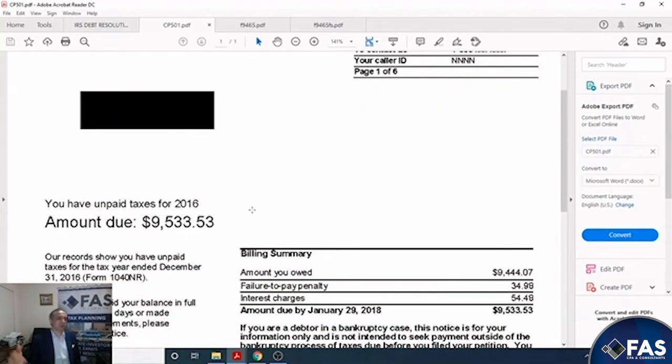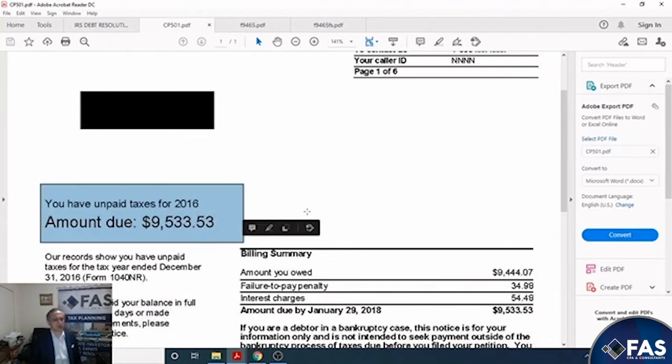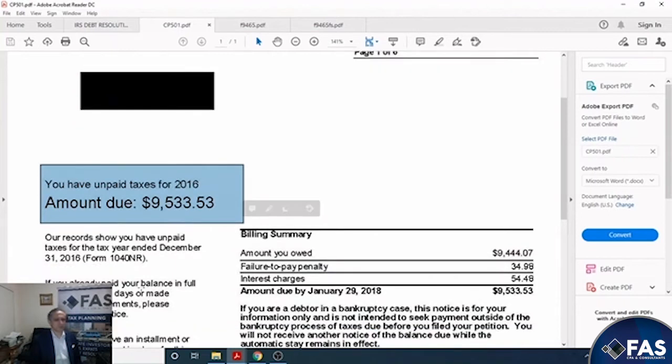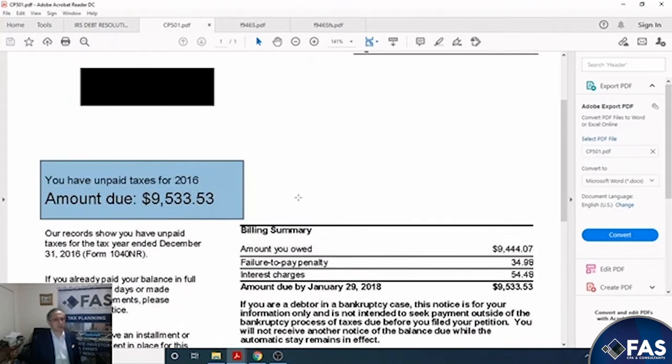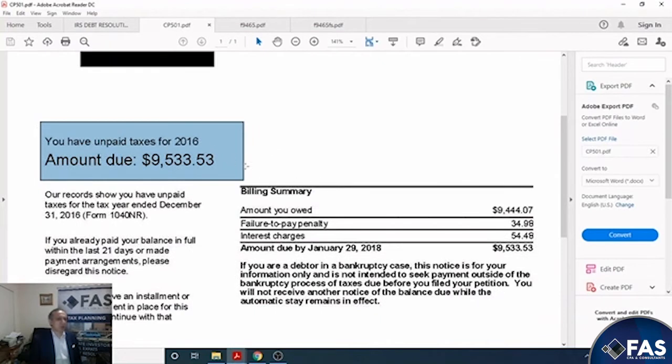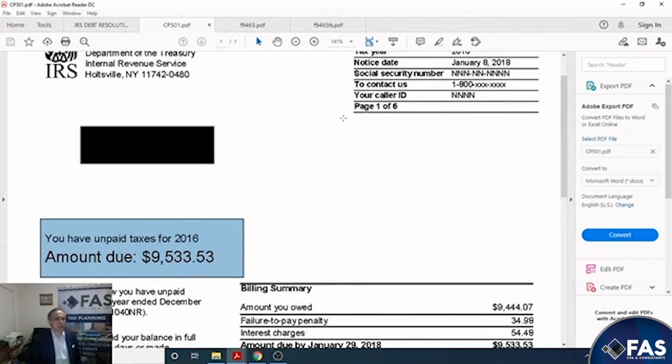Once going through the process of getting the information from the IRS, requesting the first letter, as we said in the IRS forms seminar, this is not the first letter. There is a previous letter in which the IRS will give you the details. So you have to call the IRS and ask for the information.